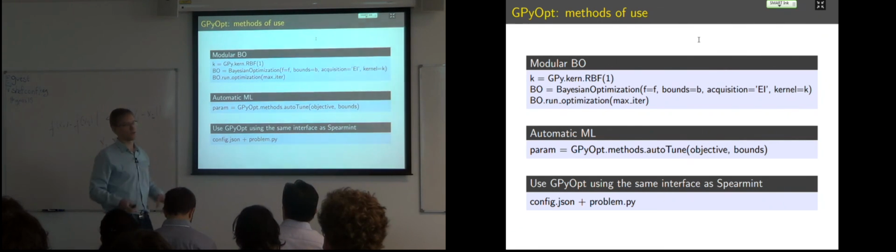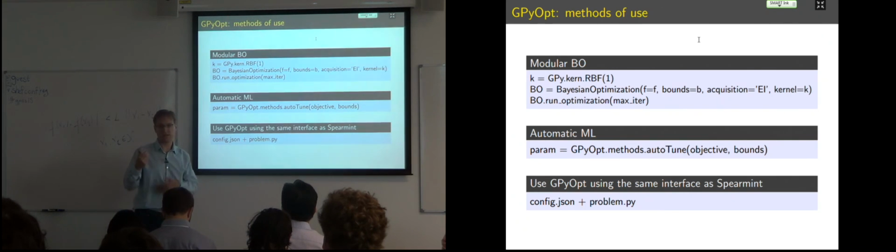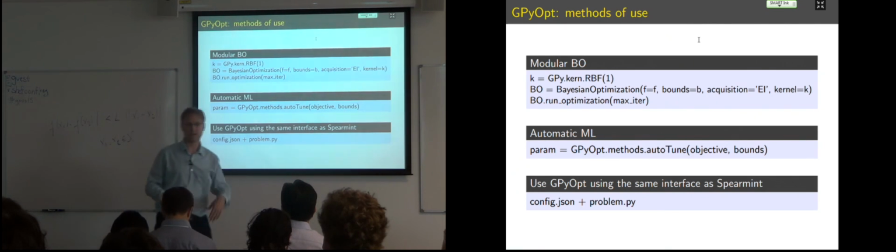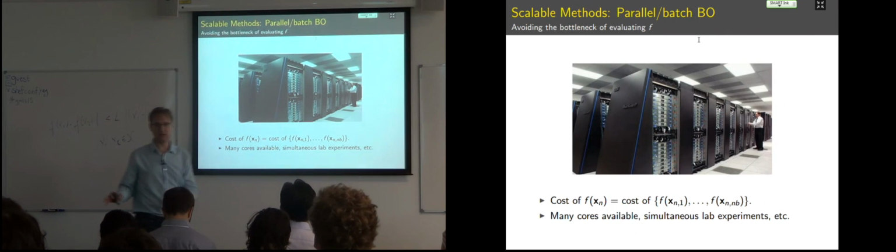You basically have to write in the Linux console GPyOpt and the folder that you have, and the program will automatically solve it for you and generate a report with the results. So that's the idea, but you will be using this this afternoon.